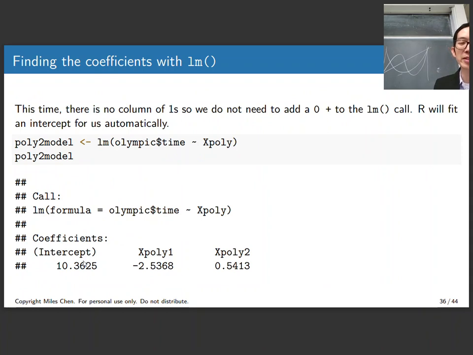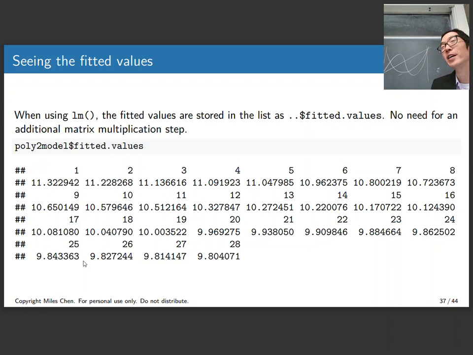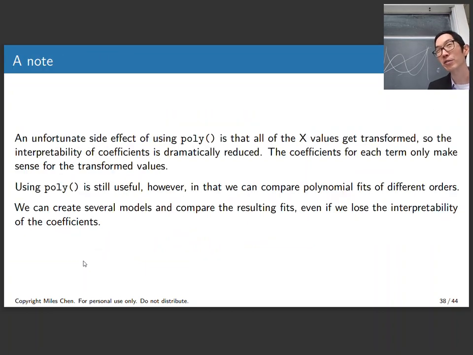But what poly is useful for is that you use poly, you fit your model, and you can do some kind of ANOVA analysis, or at least see which coefficients are statistically significant. Then you can say, all right, we have evidence that a quadratic relationship exists, or we don't have evidence that the quadratic relationship exists.